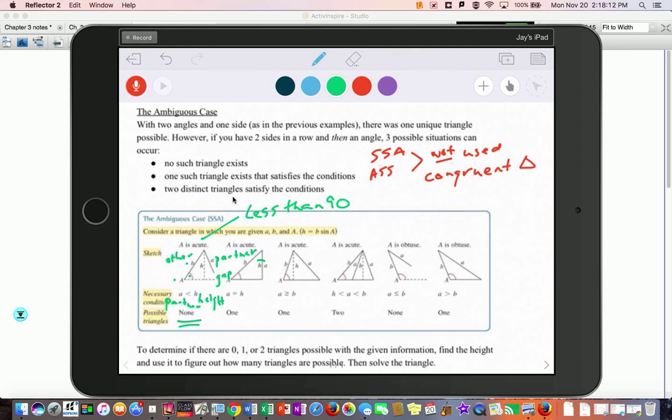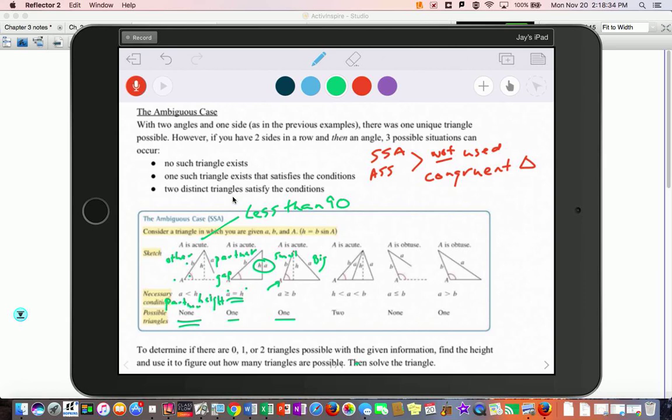Now, if your height and what you thought are the other side are equal, so the partner side and the height here are equal, then there's one triangle. If this angle is acute, and this is big, and this is small, you have one triangle.